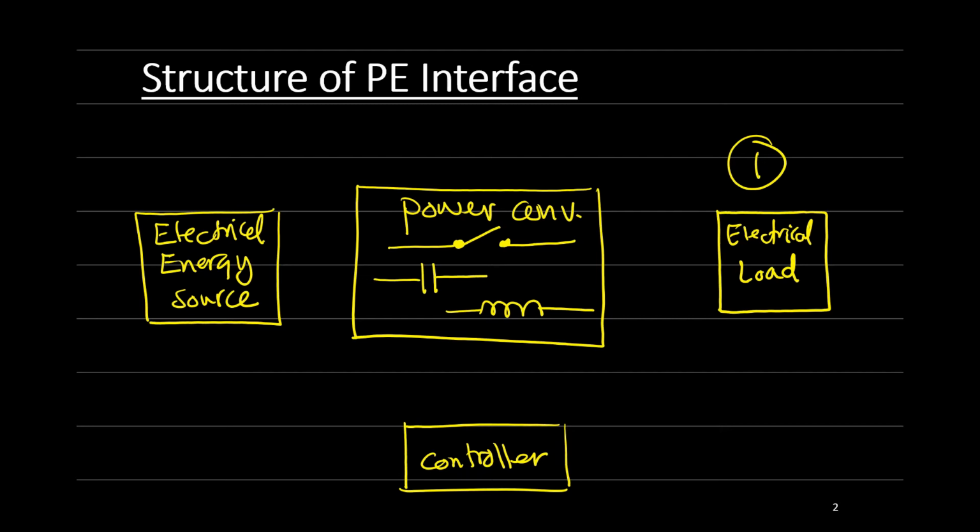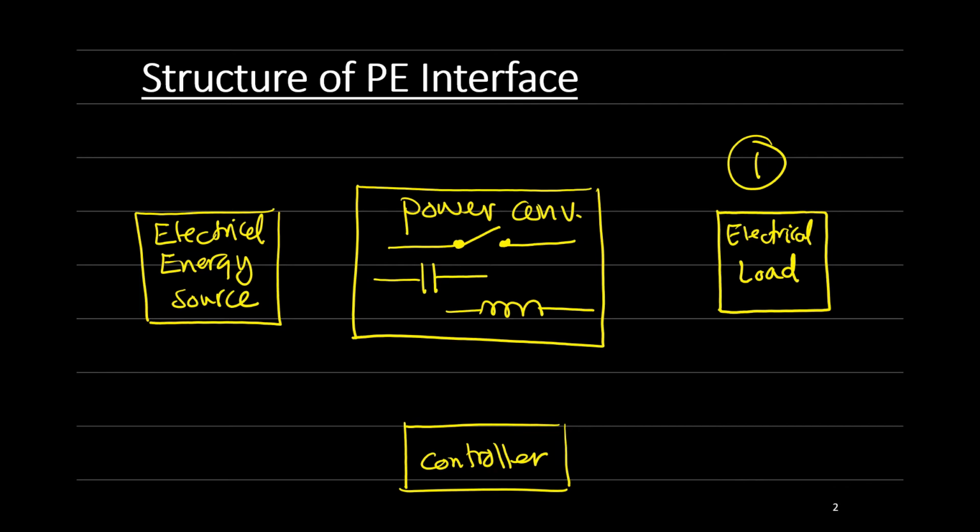Usually the controller will take information either from the input, from the source, and from the output, from the load, and according to this information, it will give the converter the right decision to generate the pulse width modulated signals and many other things.